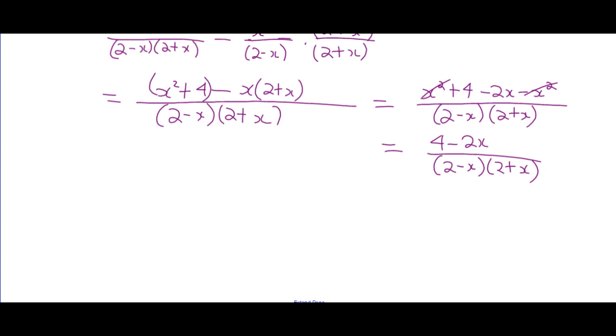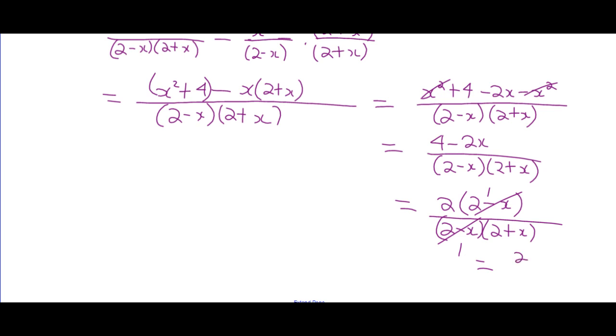So I do need to factor the top. 2 times 2 minus x. Just check that out. 4 minus 2x. Okay, gives me what I want there. Over 2 minus x, 2 plus x. These guys cancel, leaving me with 2 over 2 plus x.